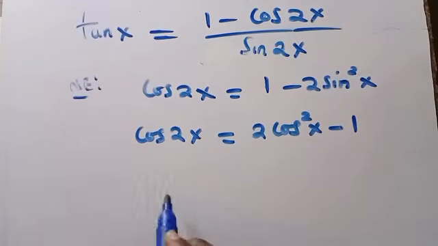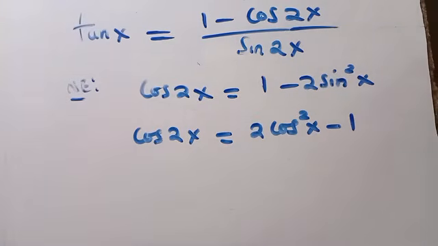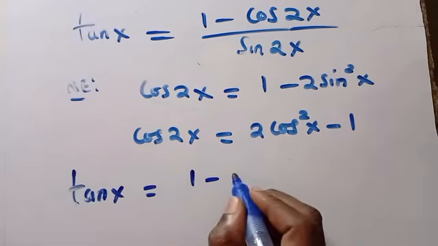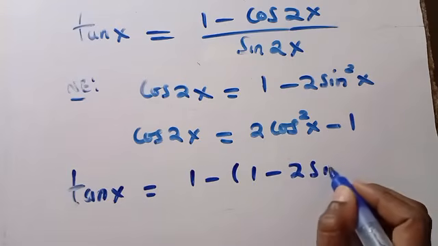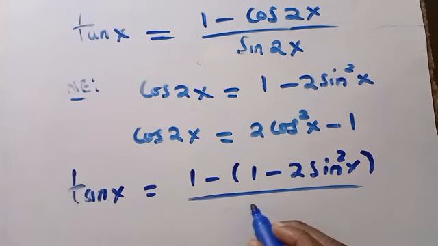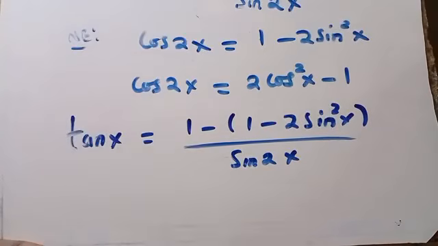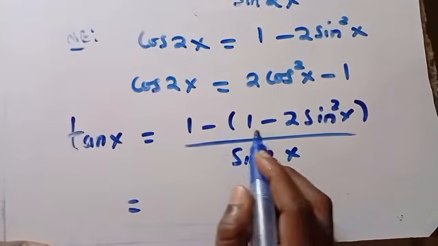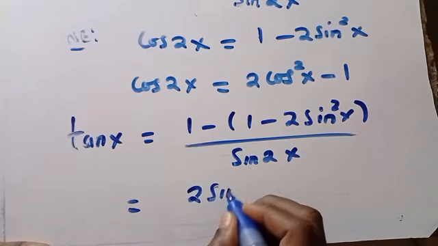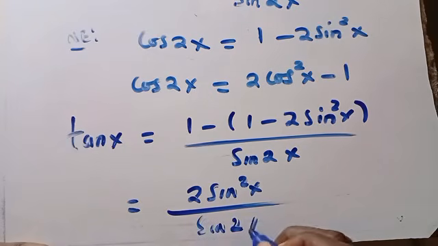So let's try and replace this. We are applying the first one. We are going to have tan x equals 1 minus open bracket 1 minus 2 sine squared x, divided by sine 2x. We are trying to prove this relation. When we open the parenthesis, plus 1 minus 1 cancels, and we have only 2 sine squared x divided by sine 2x.